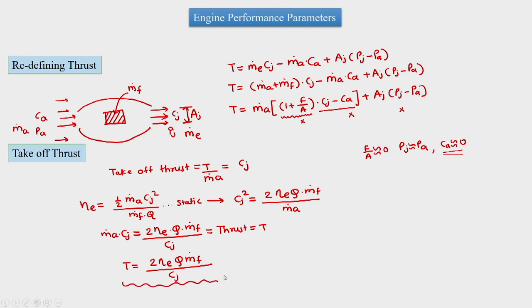From this formula it is evident that for given energy conversion efficiency, fuel used, and mass flow rate of fuel, thrust is inversely proportional to the jet velocity. Thus it means that if we handle more mass and have a smaller velocity jet, then we can have more static thrust. So this is one of the performance parameters of the aircraft.